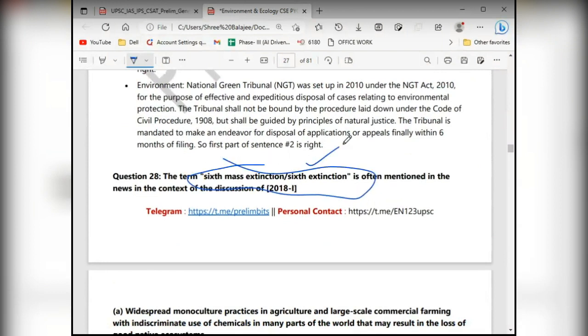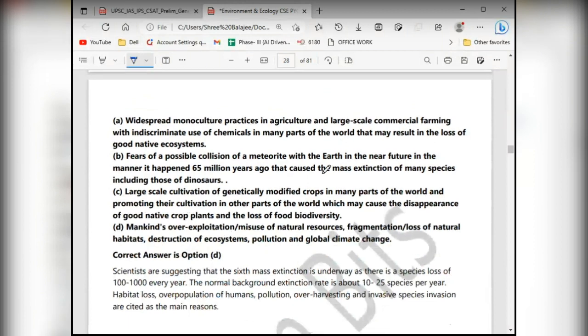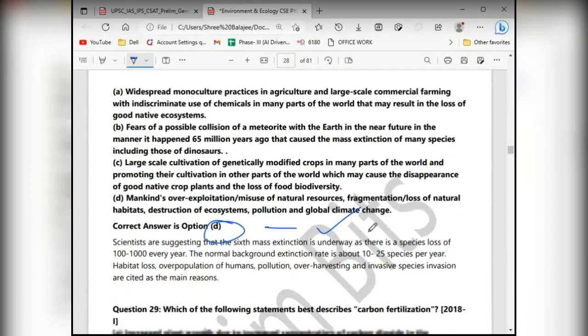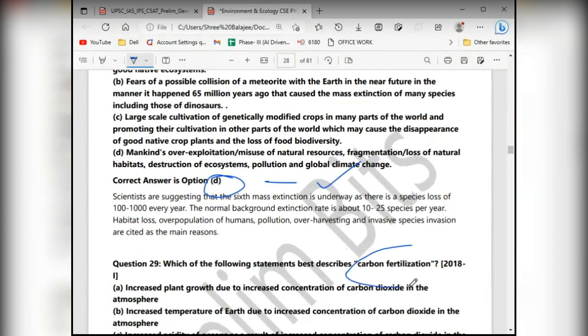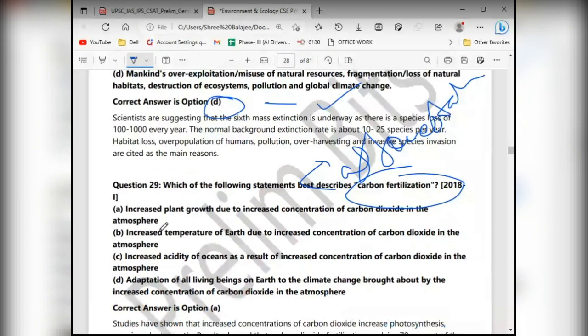ठीक है. 6th मार्क्स एक्सटेंशन. सो यस, ये भी इजी सा क्वेश्चन था, ज्यादा टफ नहीं है. इन केस यू आर जस्ट रीडिंग अबाउट द एक्सटेंशन दोज डेज इन 2018, वे बैक टू 2018-19. कार्बन फर्टिलाइजेशन इज अ टेक्निक यूज्ड फॉर एफोरेस्टेशन और लाइक नो प्लांटेशन इन द ओशनिक सिस्टम. So increased plant growth due to concentration of the CO2 in the atmosphere. So yeah, this option is correct.